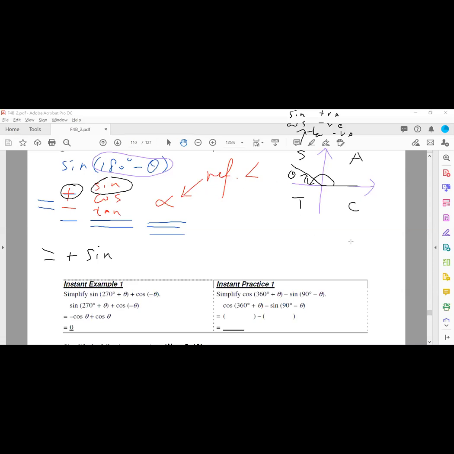Reference angle is the angle stick to the x-axis.